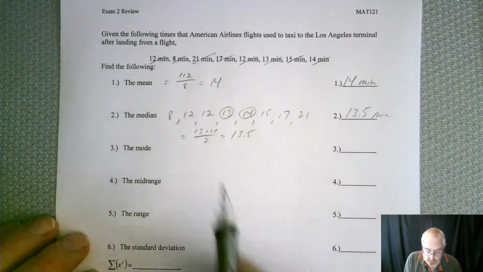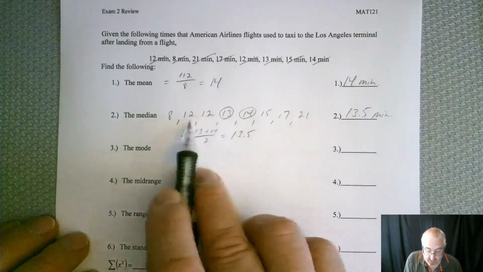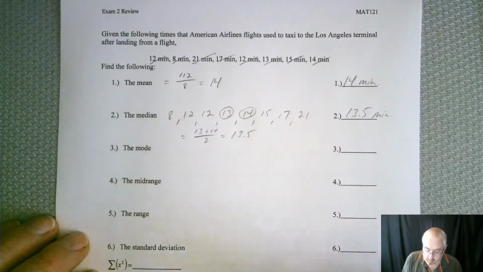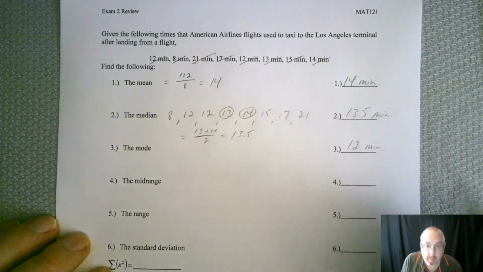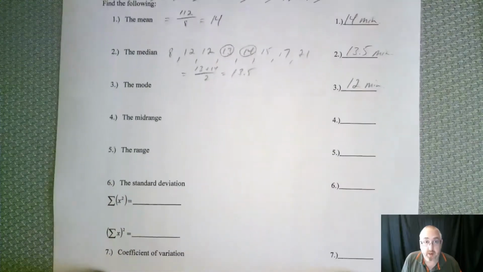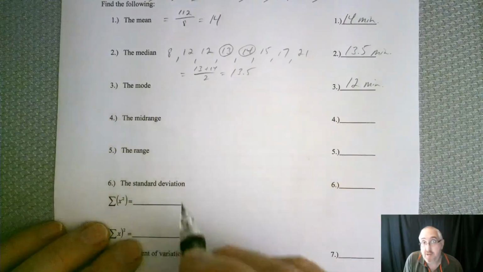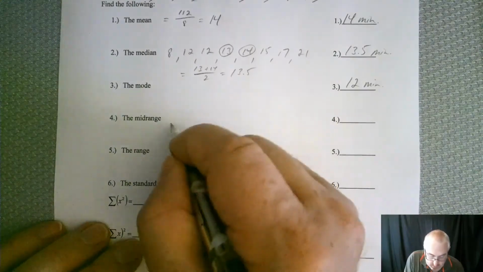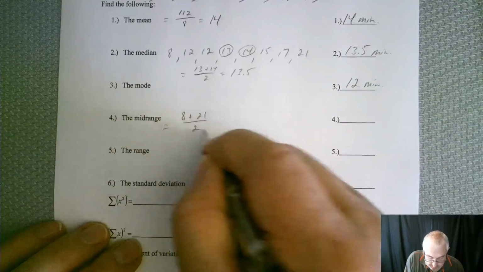Now the mode is the most frequent. So which one occurs the most? There might be more than one too. But in this case, 12 does occur the most. Nothing else occurs more. So 12 minutes. The mid-range, remember, is going to be the average of the max and min values. So we're going to take the 8 plus the 21, divide that by 2.